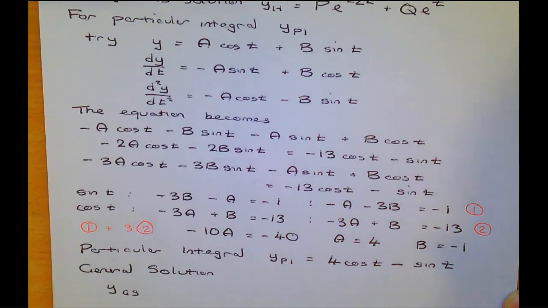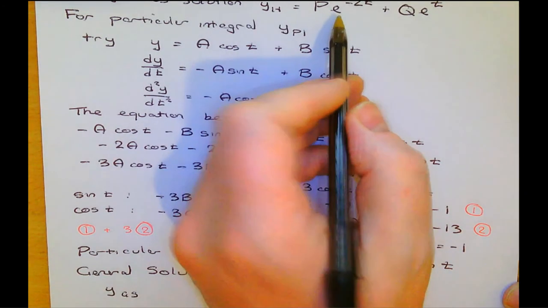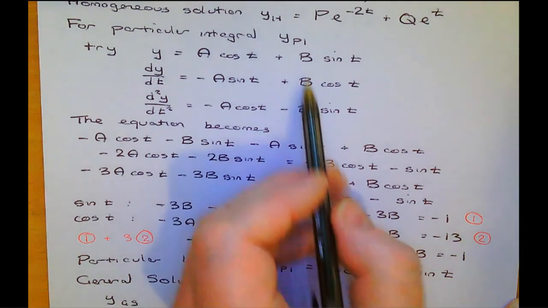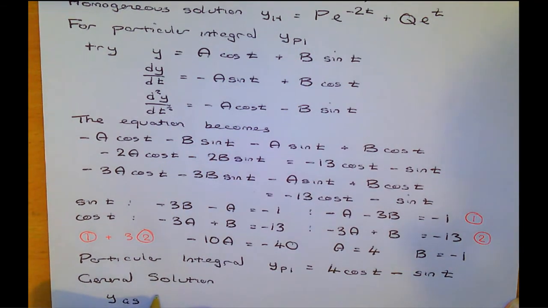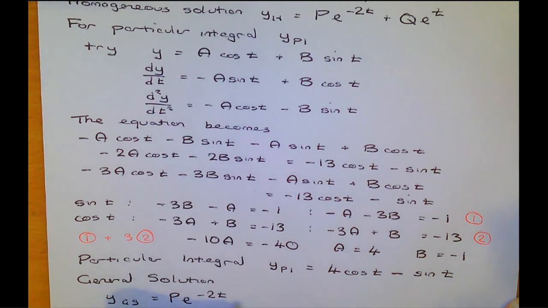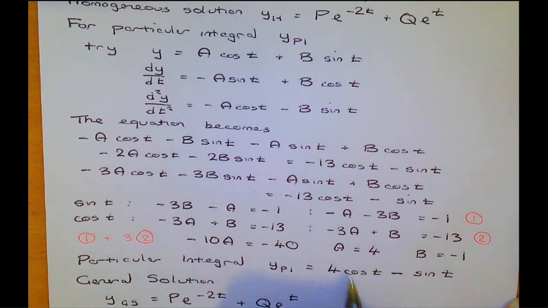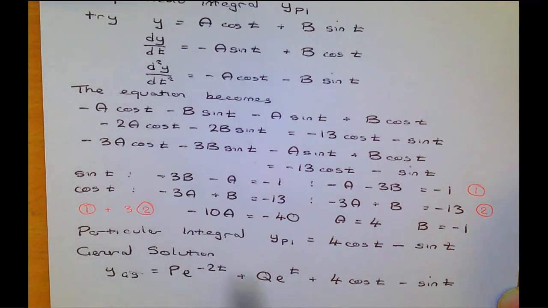Remember, the general solution is the sum of the homogeneous solution here. That's p e to the minus 2t plus q e to the t. We add on the particular integral. So here we have the general solution, p e to the minus 2t plus q e to the t.